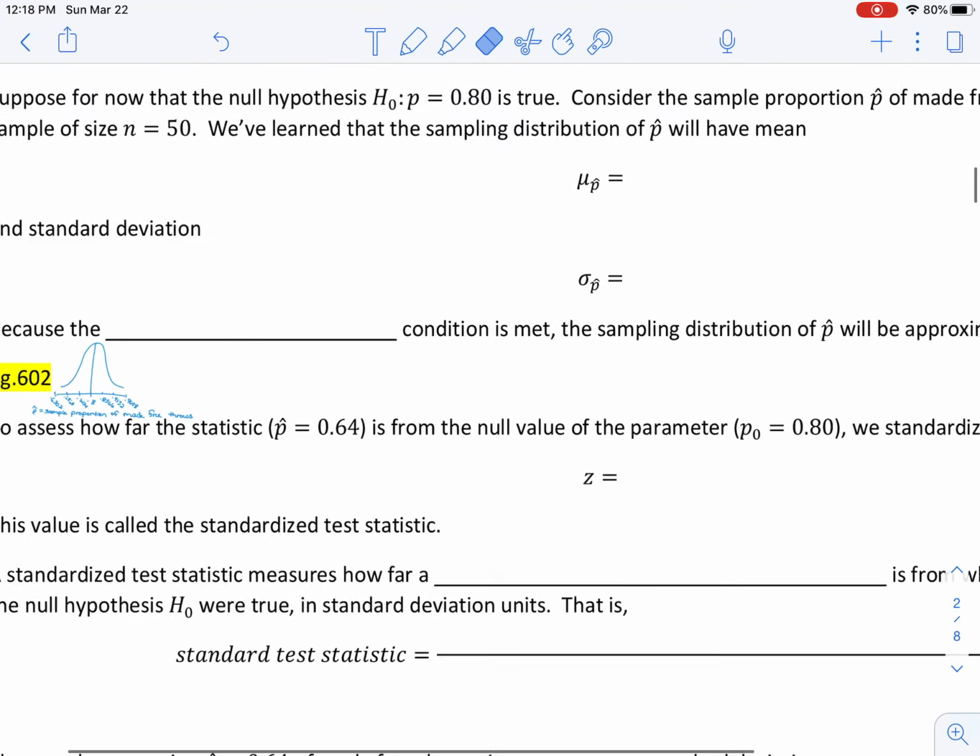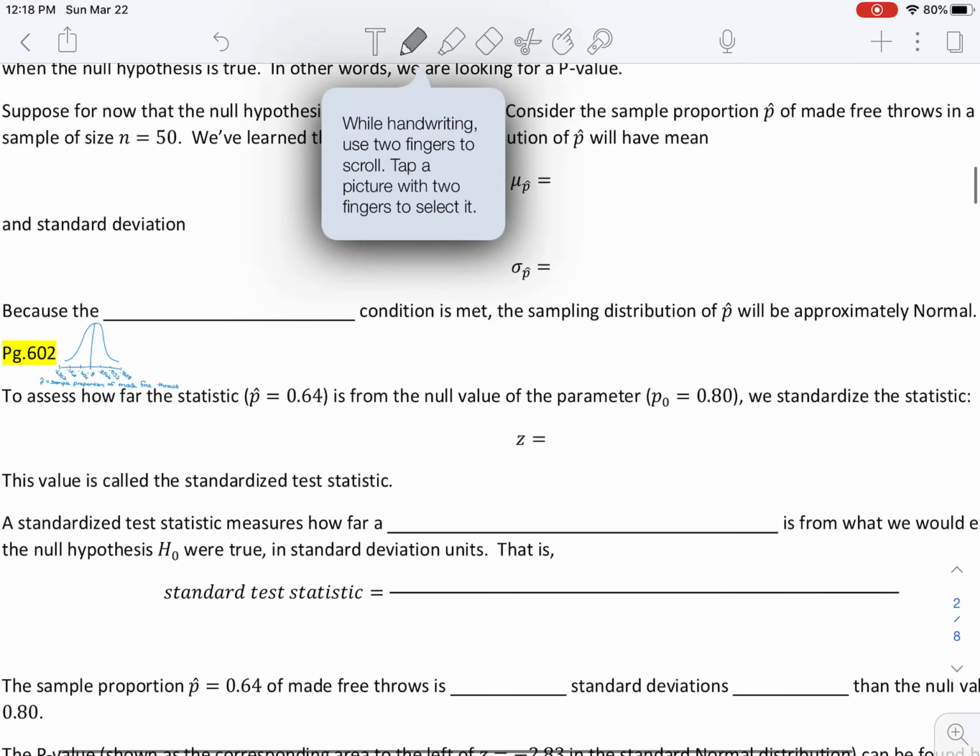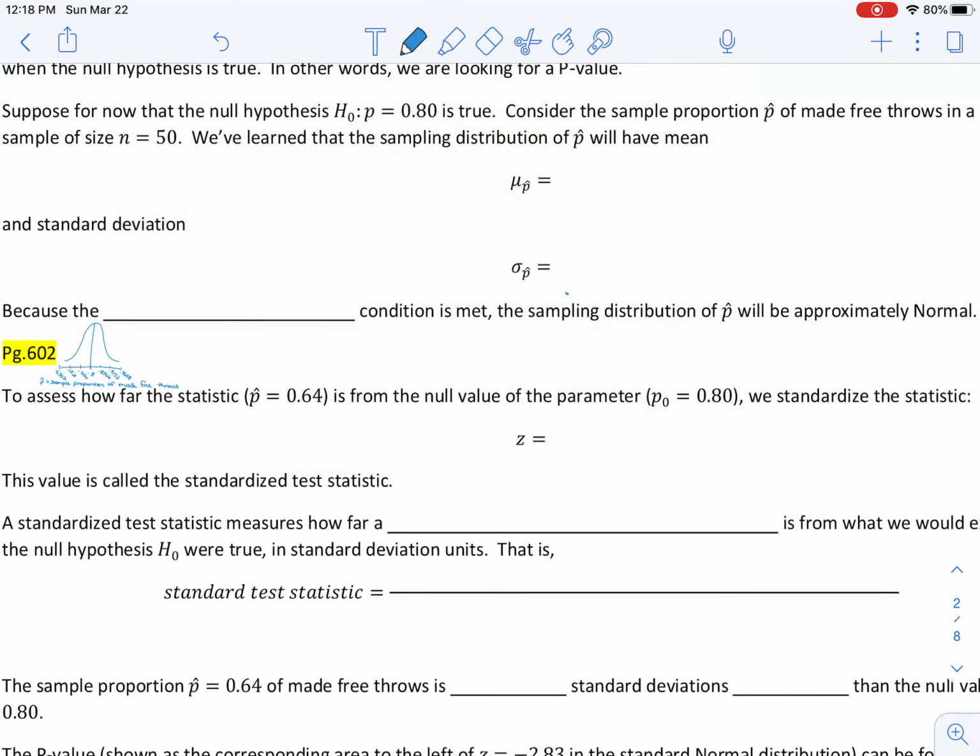So the mean of the sampling distribution of sample proportions is p, which for now, again, we're going to assume is 80%. So it should be centered at 80%. The formula for the standard deviation is the square root of p times 1 minus p over n.